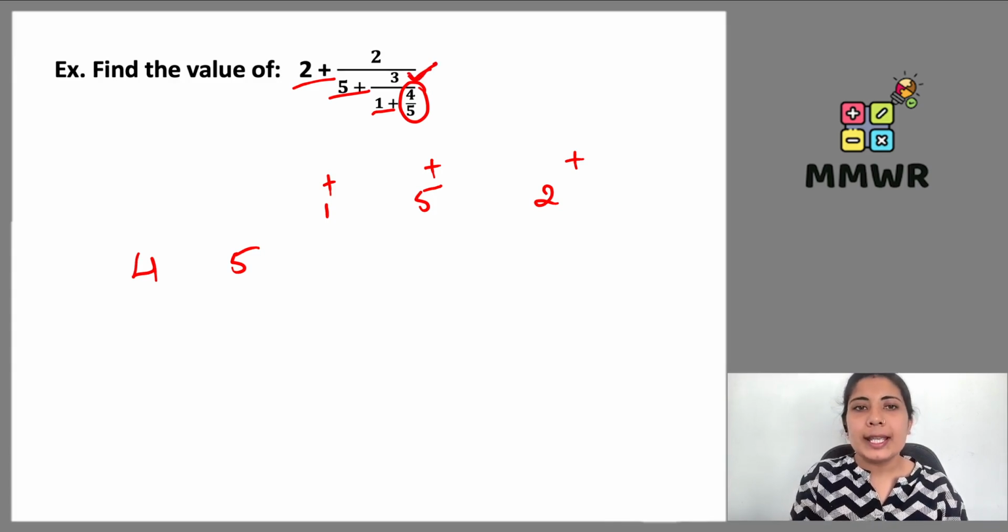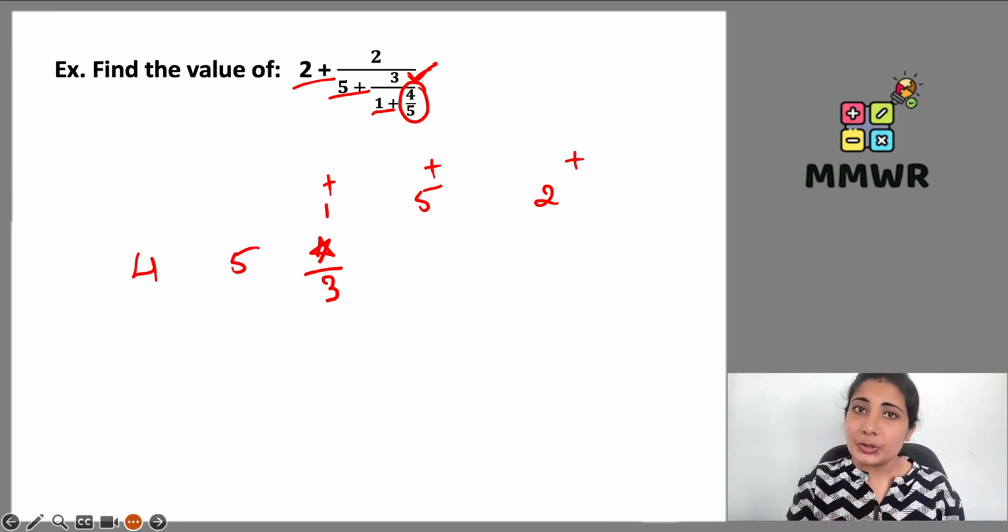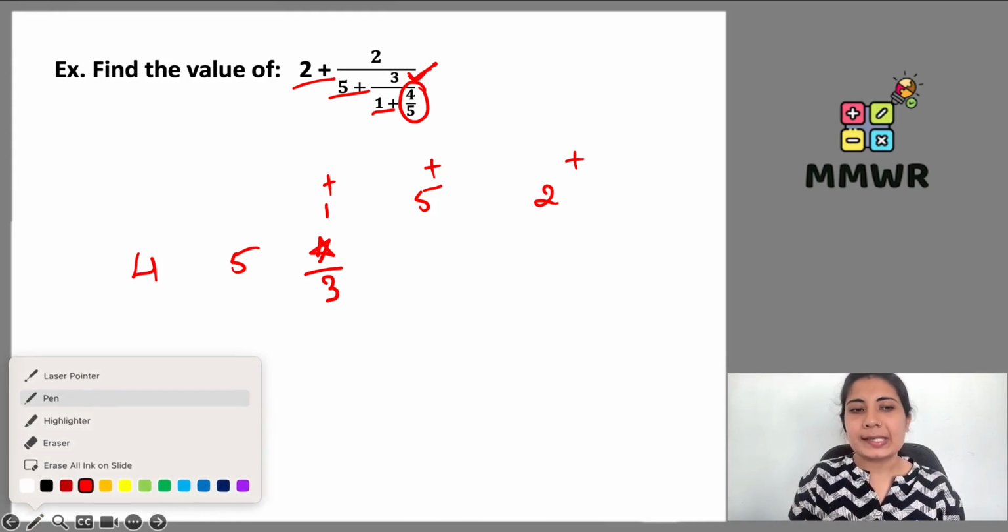So this 3 I will be writing in the denominator of whatever I get at this place. Whatever I simplify here, 5 ones are 5 plus 4 is 9. So 3 is already in the denominator of 9. I will simplify that first and then proceed further with the next step.